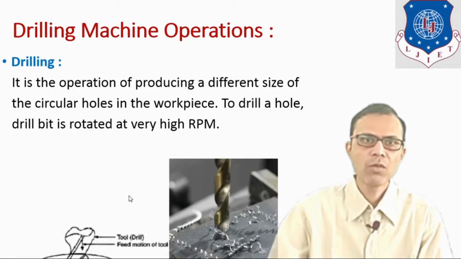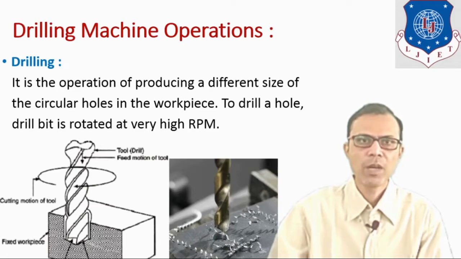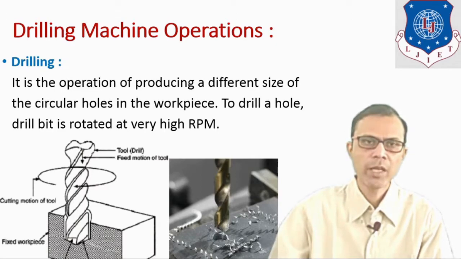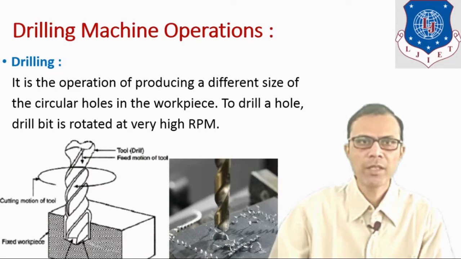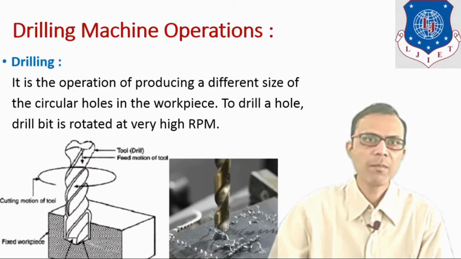To produce the hole, the first step is to mark the indentation point of the hole. For this purpose, two lines are drawn perpendicular to each other and the intersecting point is marked with the center punch. On that point, the drill bit point is placed, and after that, the drilling operation can be started.